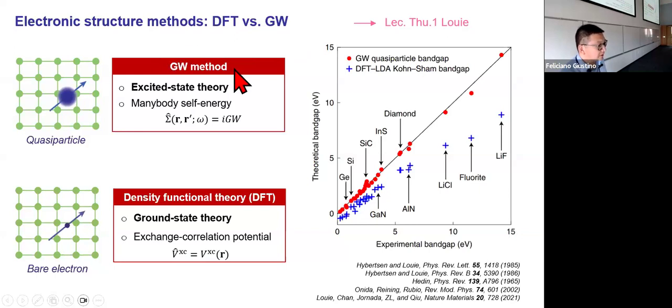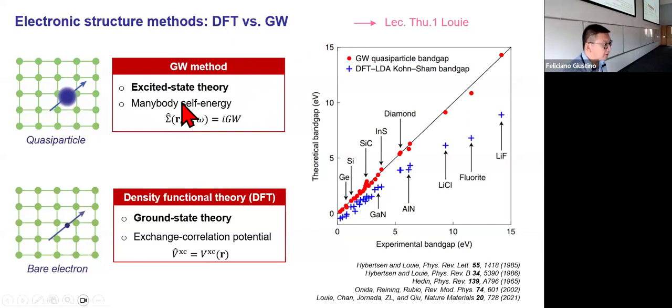GW fundamentally is an excited state theory, so it gives a very good description of properties such as quasi-particle band gaps, quasi-particle excitation energies, and so on. On the other hand, DFT is a ground state theory where the Kohn-Sham orbitals are fictitious orbitals.